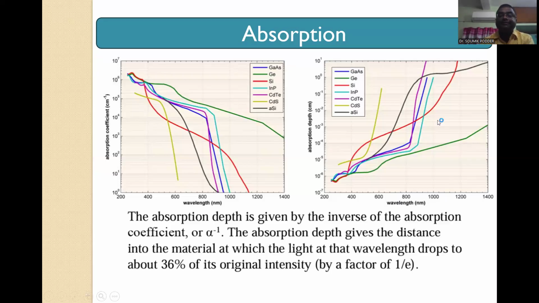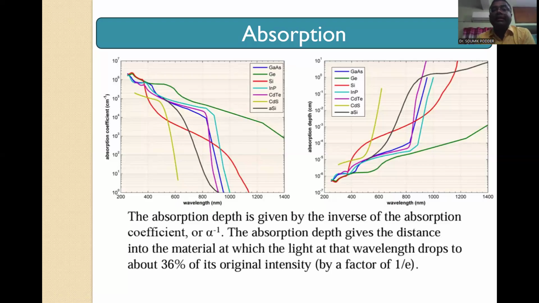If we see the light absorption coefficient per centimeter, alpha, for germanium it is decaying in a not very intense manner, whereas for cadmium sulfide it is drastically and very sharply reduced within 600 nanometers. 600 nanometers is, I think, yellow.